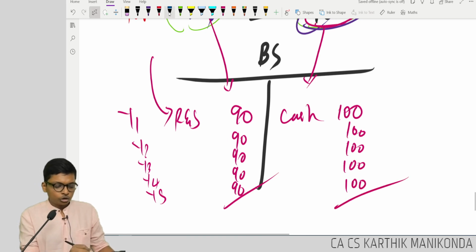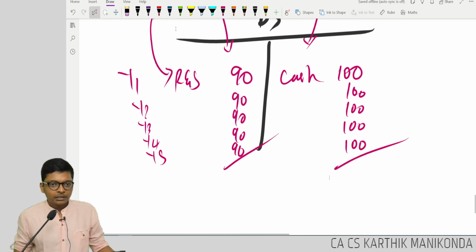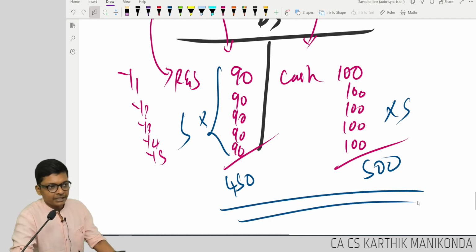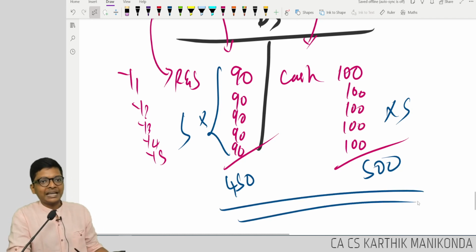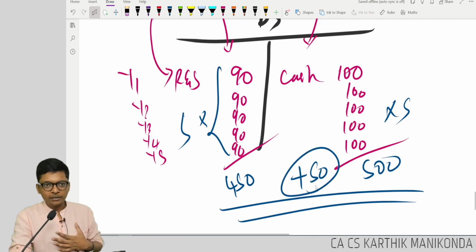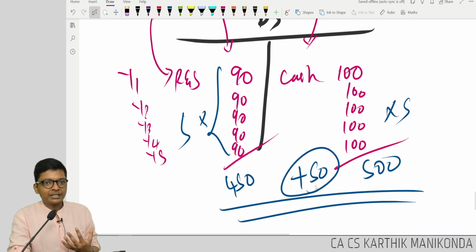Correct? So at the end of 5 years, my reserves will be 90 into 5, 450. Cash will be, are you understanding till here? So I have an extra cash of 50. Those who are following, I ended up with extra cash of 50.